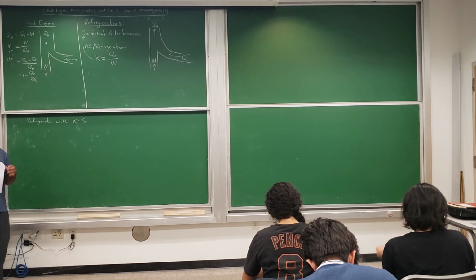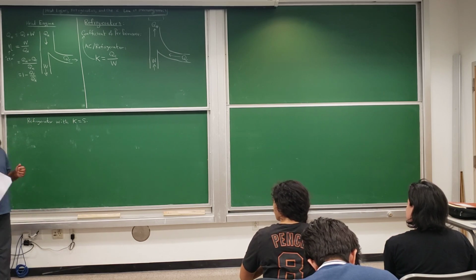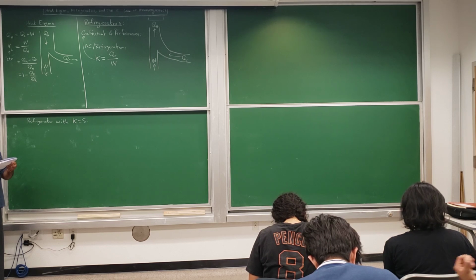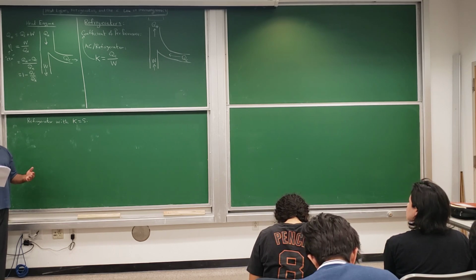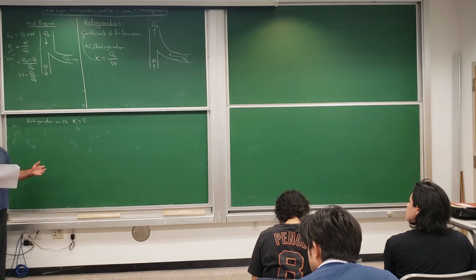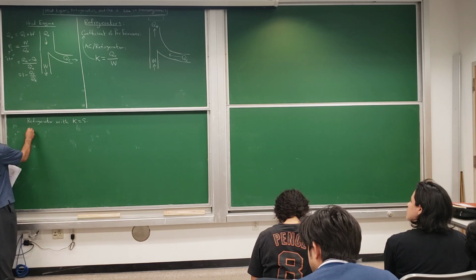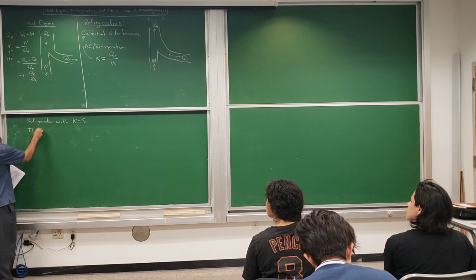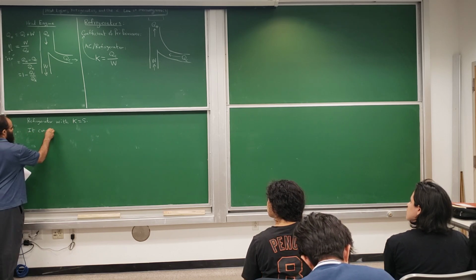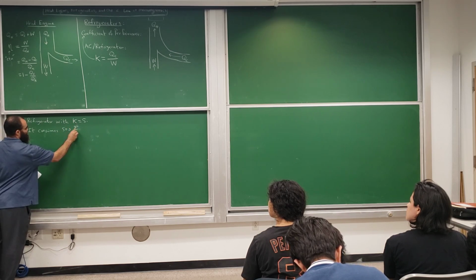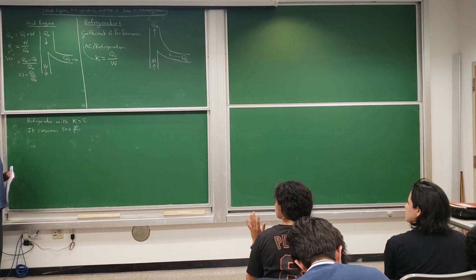So this is a refrigerator with a coefficient of performance equal to 5. And the refrigerator is consuming power in order to cool. It consumes 500 joules per second. So that's the power needed to run the refrigerator.